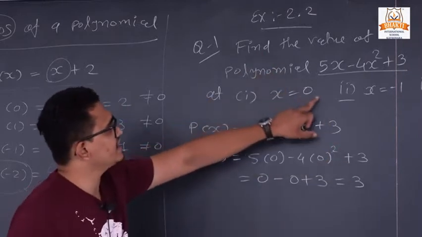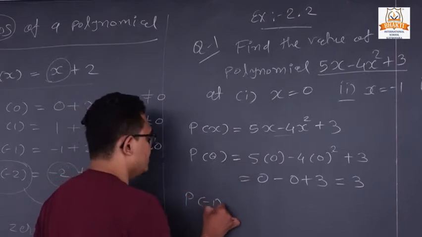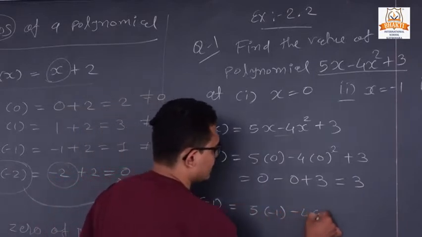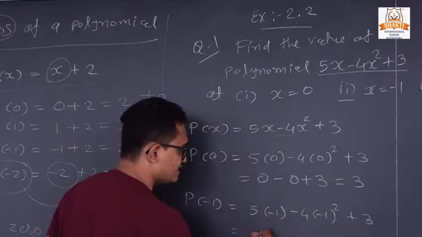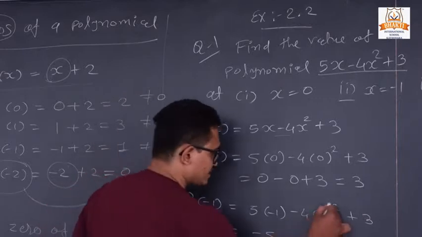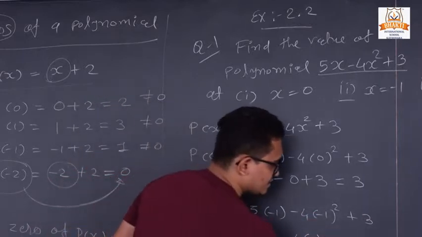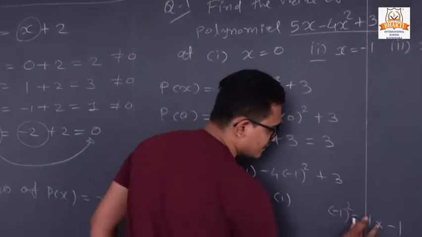Now second, they are asking x is equal to minus 1. So here we will put minus 1. So 5 in bracket minus 1, minus 4 into minus 1 square, plus 3. So 5 ones are minus 5. Minus 1 square will become plus 1, because minus 1 square is minus 1 into minus 1.